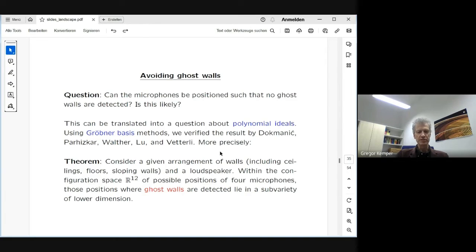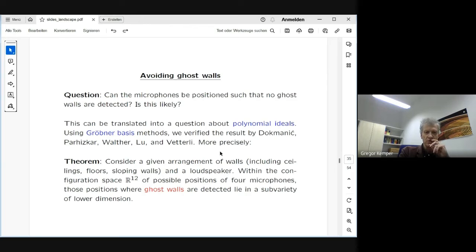Within this space, the positions of the microphones where ghost walls may be detected lie in a subvariety of lower dimension. So the good microphone positions include a Zariski open and Zariski dense subset. Okay, so that's not too bad.